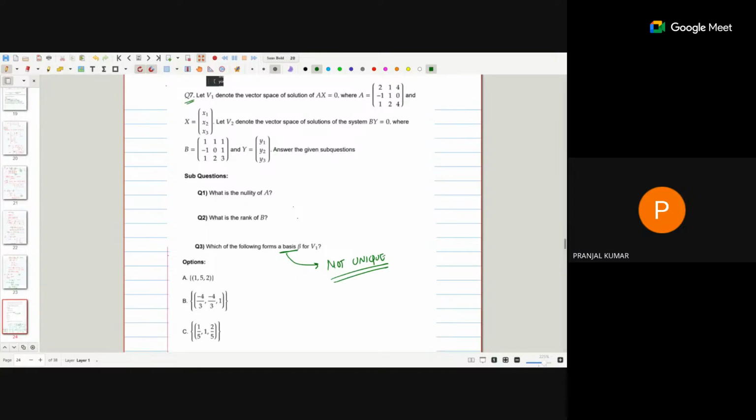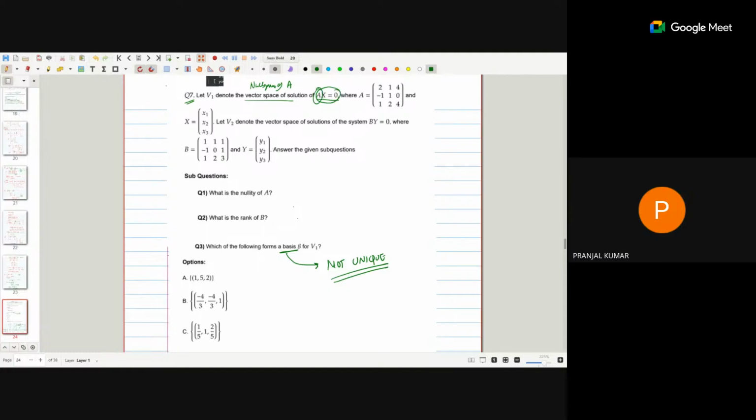Question 7. Let V1 denote the vector space of solutions of Ax equals 0. So basically this is nothing but the null space of A. The solution set to Ax equals 0 is the null space of the A matrix.